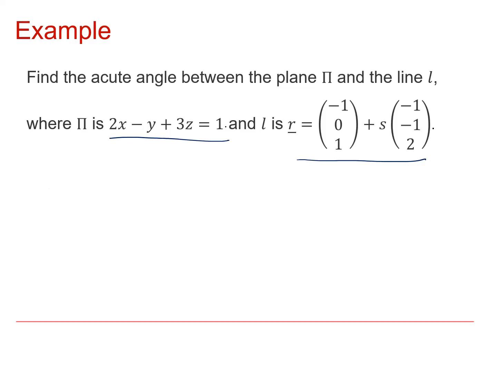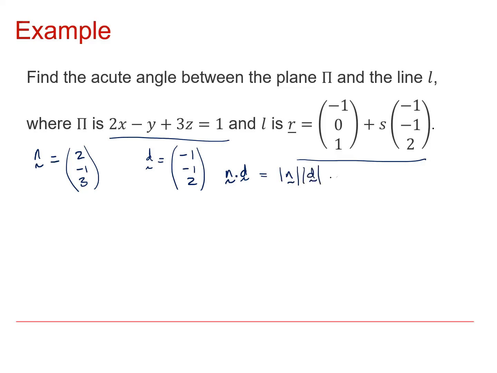Well, from this, I know that my normal vector is equal to (2, -1, 3). And from this, I know that my direction vector is equal to (1, -1, 2). So now I can plug it into the formula that we saw on the previous page, which was that n dot d is equal to mod n mod d times cos alpha.